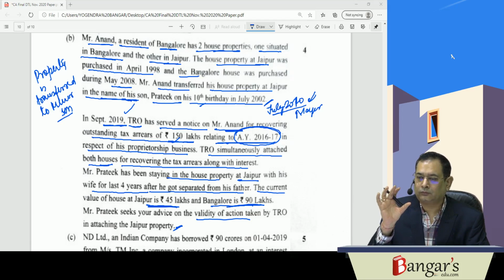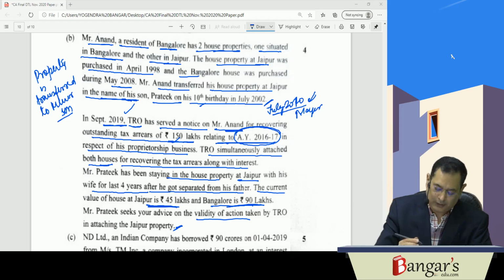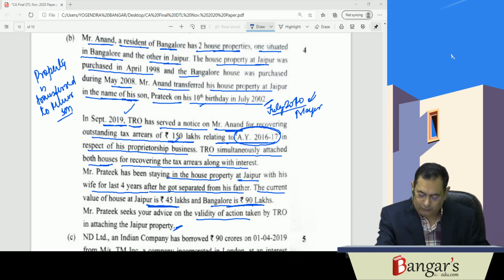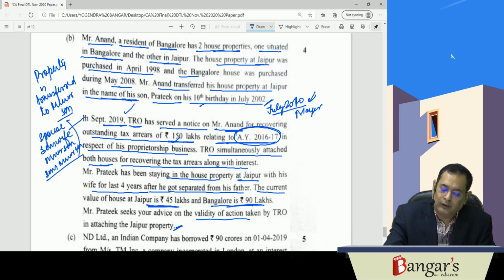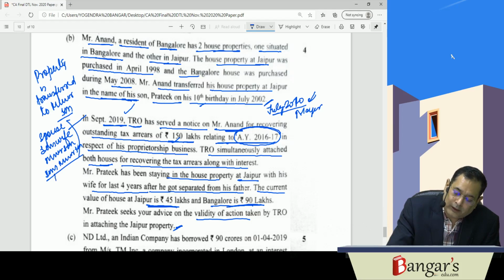That is including the assessee's property if the same has been transferred to his spouse or son's wife, minor son, and son's minor son is also covered. That will be included.